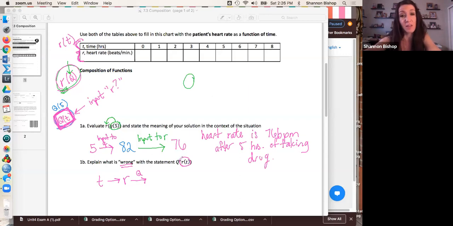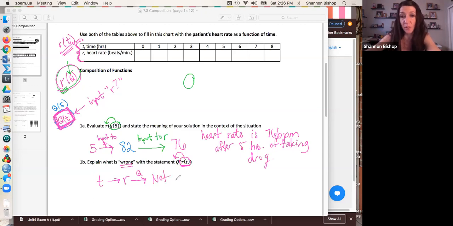So even if you tried to say, well, R of T sort of is real, it's right here, look, it's real. Okay, maybe. But you can't then contextually say that you could take that answer, which once again is heart rate, and plug it into the formula for Q. There is no such formula named Q that accepts heart rate as its input.